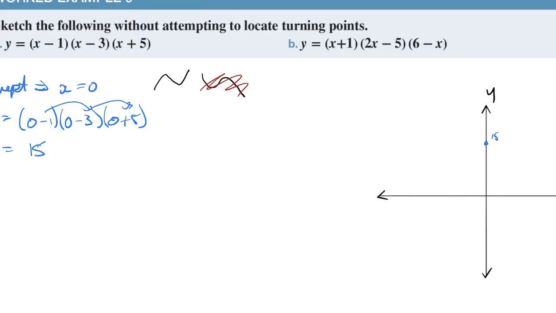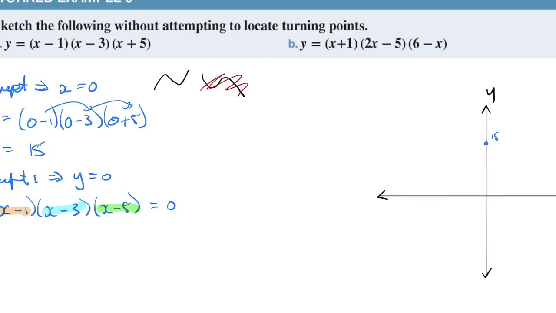My x-intercepts are where y is 0. So where y is 0 means x minus 1 multiplied by x minus 3 multiplied by x minus 5 equals 0. Therefore, according to the null factor law, for this to be 0, either this has to be 0, or this has to be 0, or this has to be 0, because anything times 0 will give us 0.